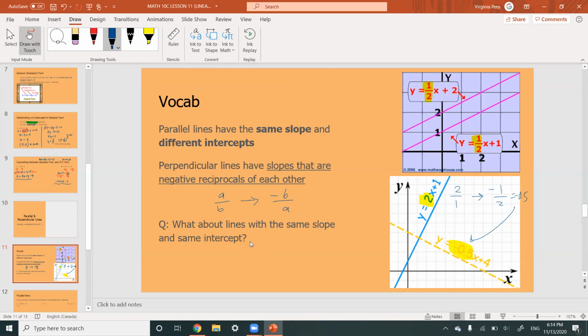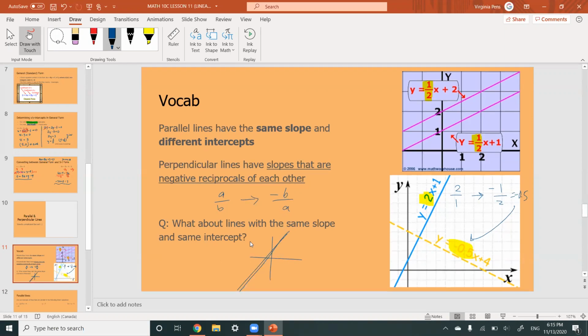Okay. Actually, this is a bit hard to answer because it's a trick question. Lines with the same slope seem to be parallel, but if they have the same intercept as well, that means, okay, let me draw out a mini diagram. If we had a line with a slope of, I don't know, 1, and it crossed the axis at 1, and we had another line with the slope of 1, and it crossed the axis at 1.